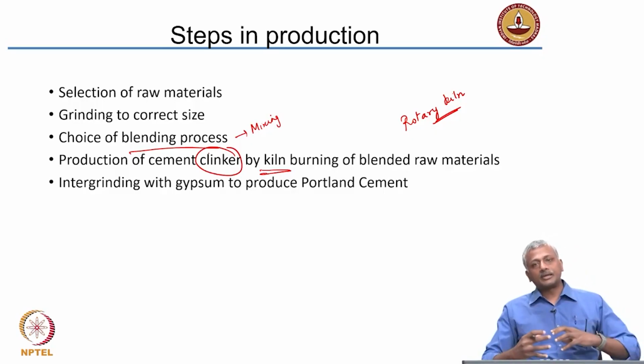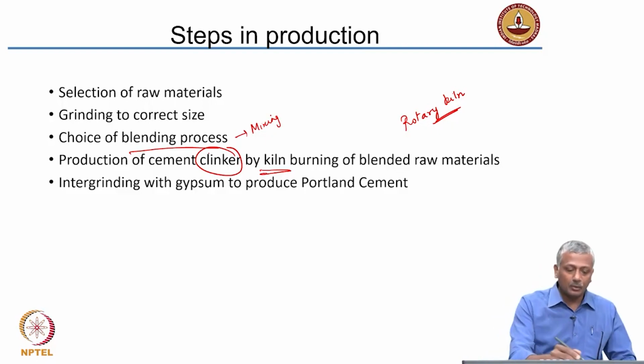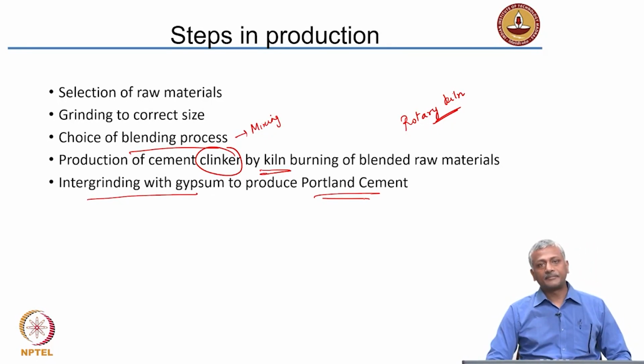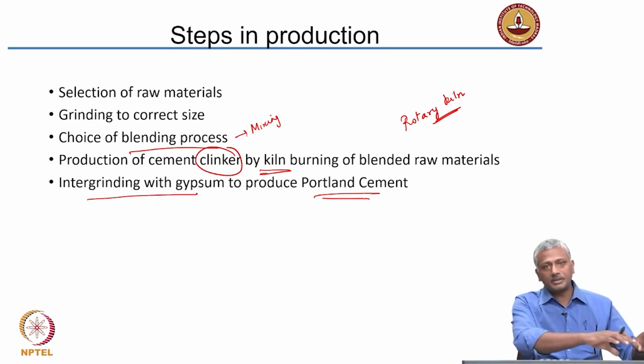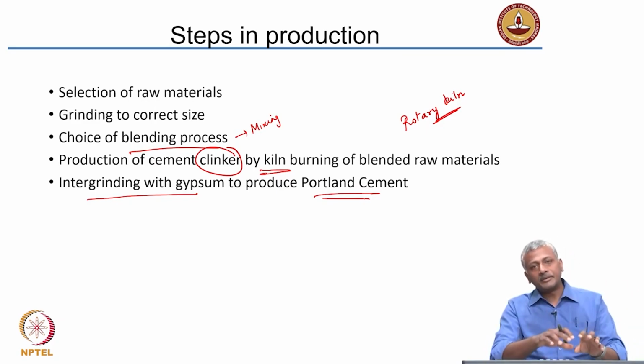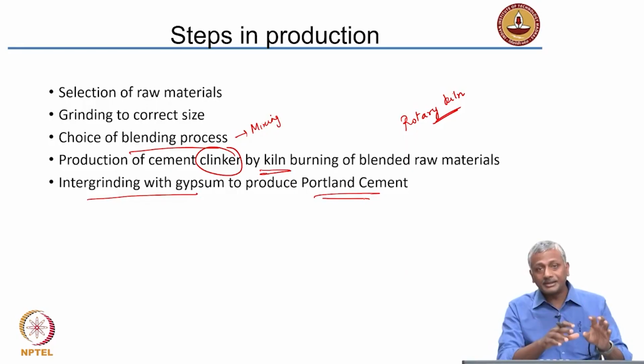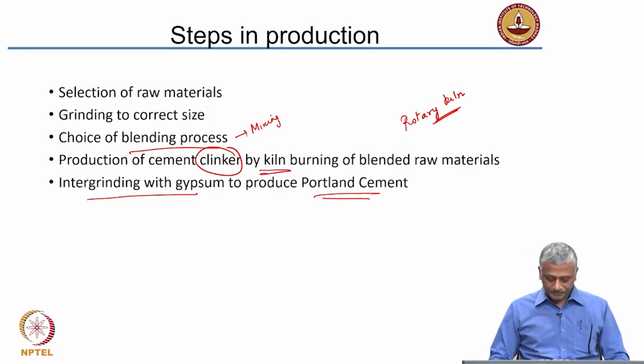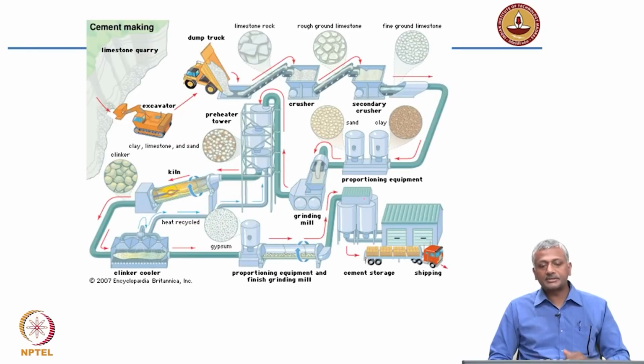This clinker comes out of the kiln and is then interground with gypsum to produce your Portland cement. Gypsum is not put into the burning process. The material that comes out of the burning process, which is called clinker, is ground together with gypsum to produce Portland cement.